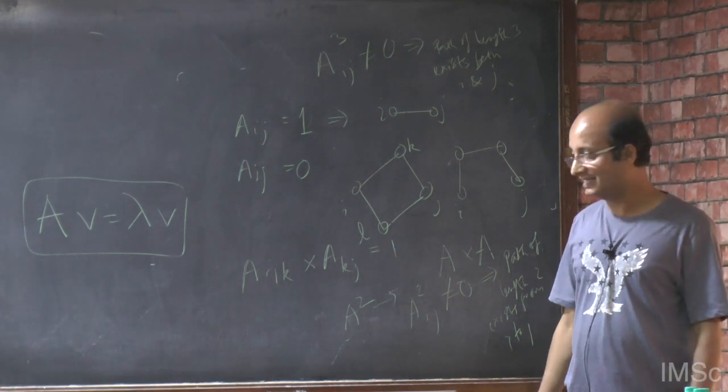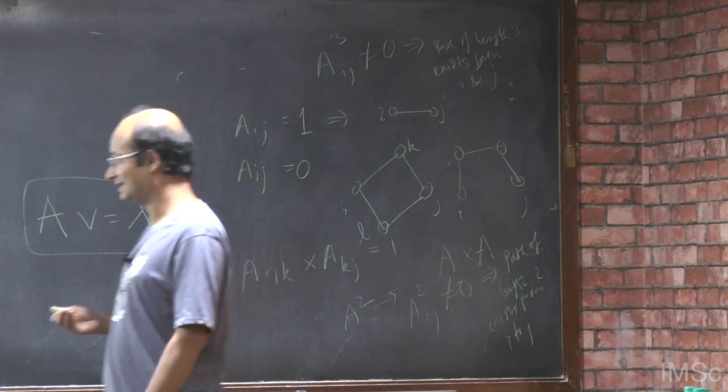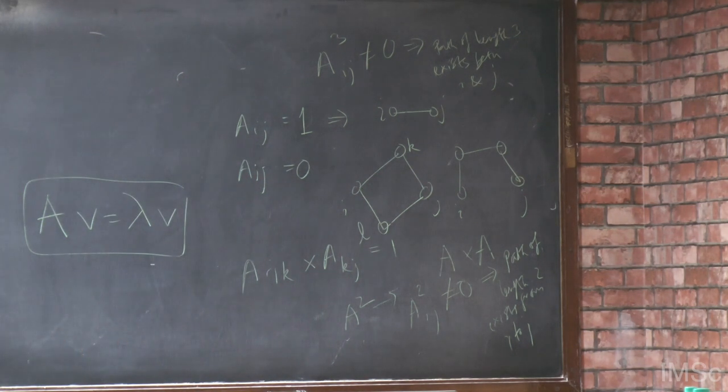In general, I can now talk about a path of length r, and the number of paths of length r is simply the ij-th element of A raised to r.